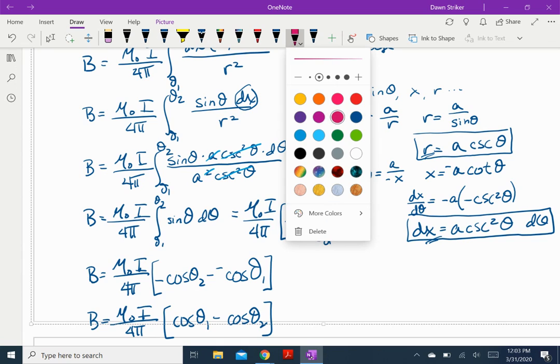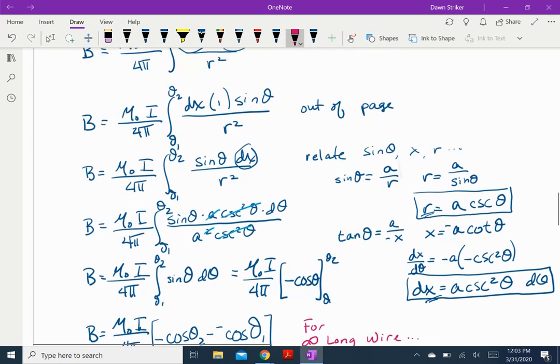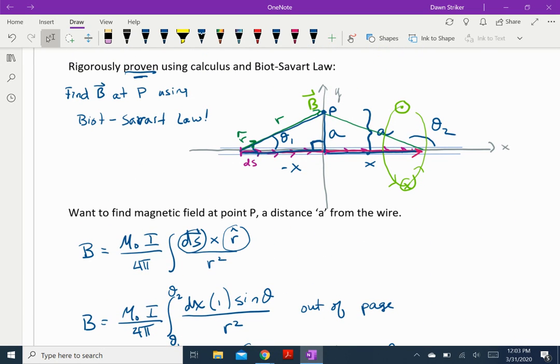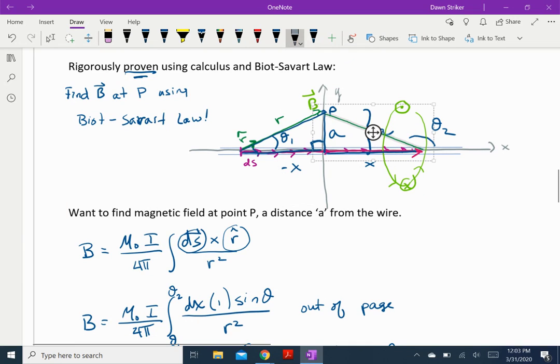If this is an infinitely long current carrying wire, what happens to the angles? Well, let's go back up here and look. If I think about making this wire infinitely long, way out here, I'm drawing my radial vector to point P, starting way out here. What happened to my angle?